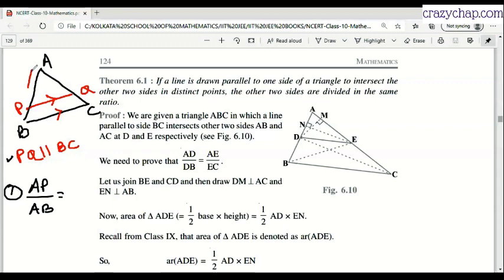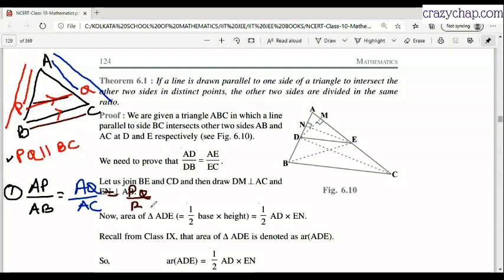In the small triangle is side AP and in the bigger triangle is side AB, right? And then I'm saying small triangle side AQ and bigger triangle side AC, right? And then I am saying small triangle side PQ and bigger triangle side BC. Correct?